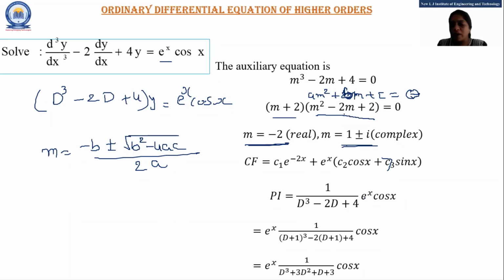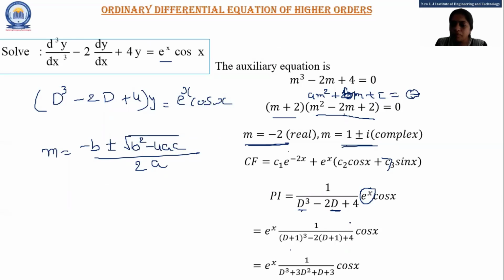As I told you, when your right hand side is an exponential term into the cos term, for applying case 4, you have to add the multiple of x from the exponential term. So what is the multiple of x in this exponential term? 1, right? So I am trying to add 1 in this D. So here D plus 1 whole cube, 2D plus 1 plus 4.